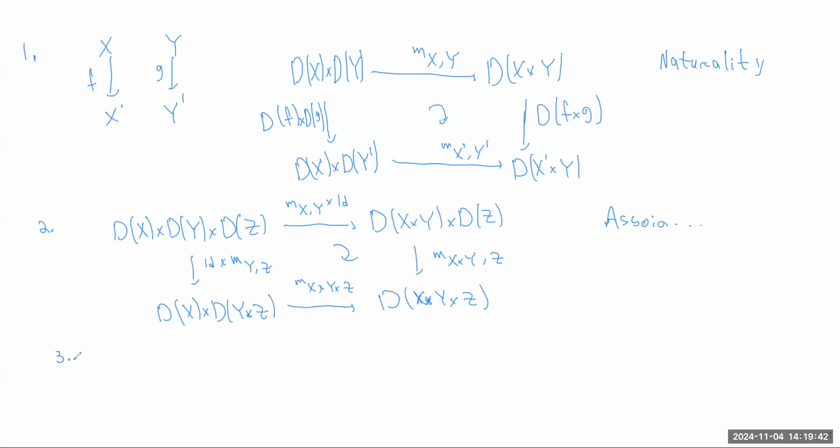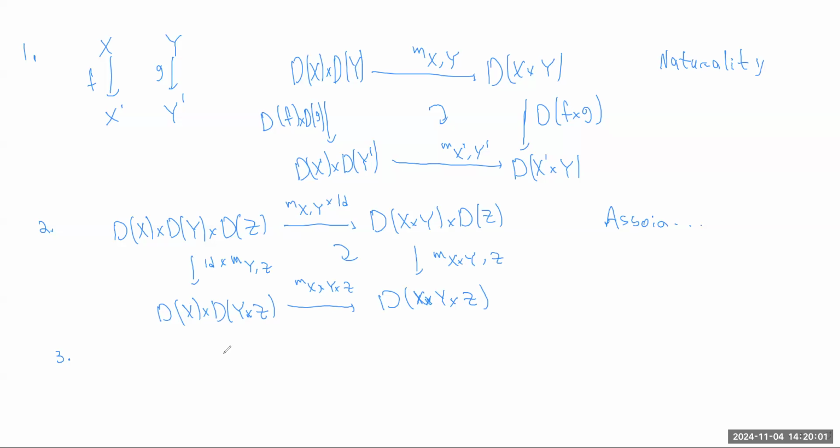The other thing is that so far we've been talking about D as a functor, but it's also a monad that has a unit and a multiplication. This multiplication works well with the unit.